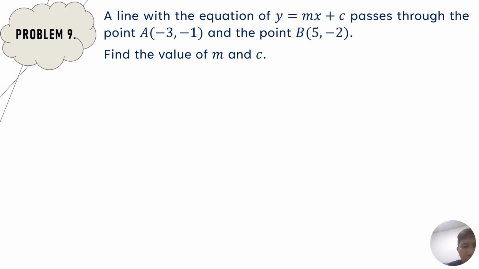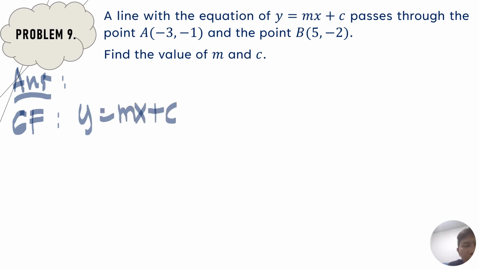Okay, do you still remember, guys, the general form of a straight line? The general form of a straight line is y equals mx plus c. m stands for the gradient or the slope, and c is the constant. And according to the statement, both points pass through this line, so just enter the value of A, negative 3, negative 1, into the equation.